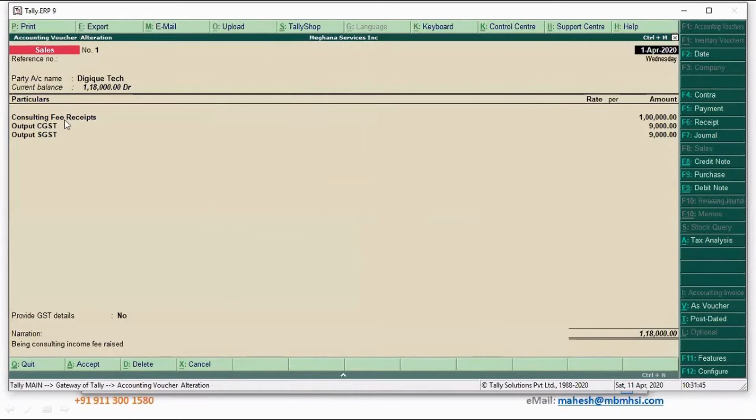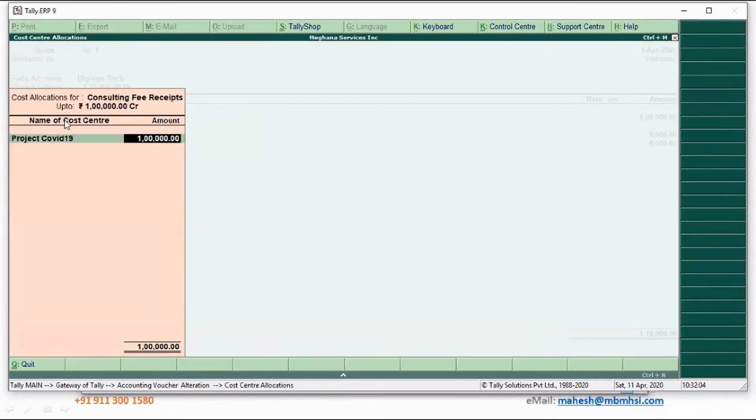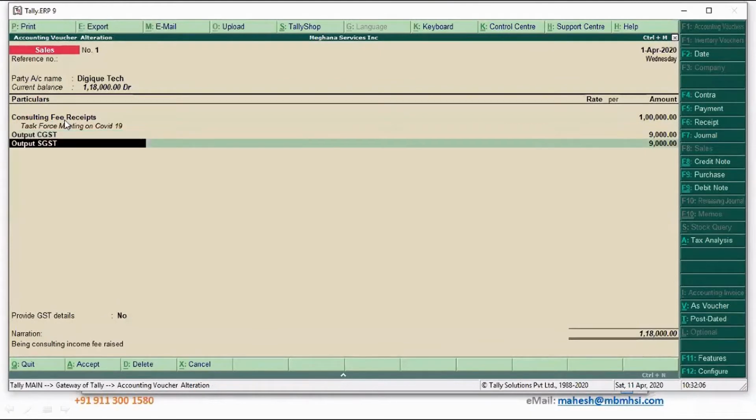Once I select this ledger, it will automatically ask for the additional description. Whatever descriptions you want, you could specify that.